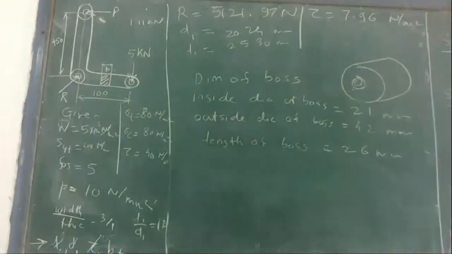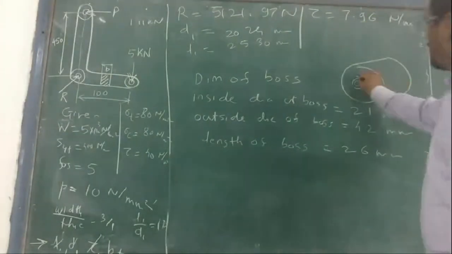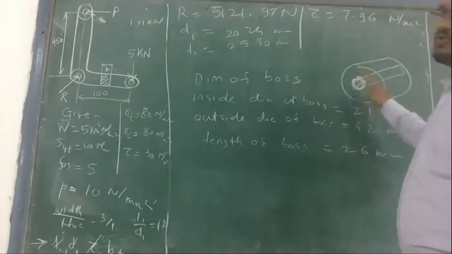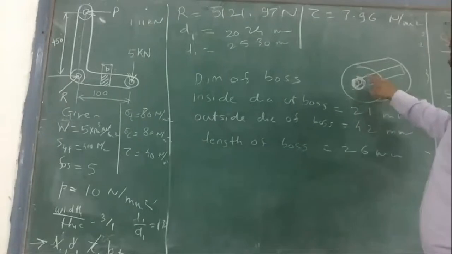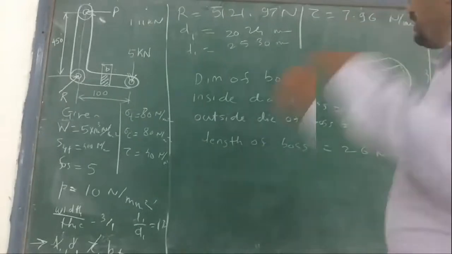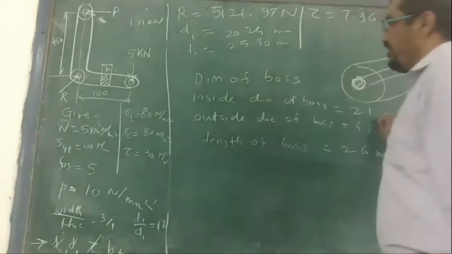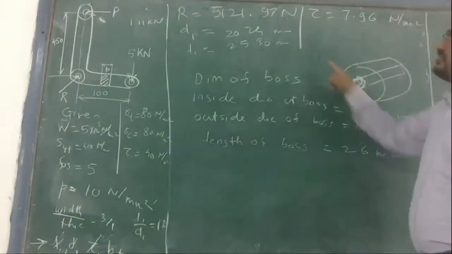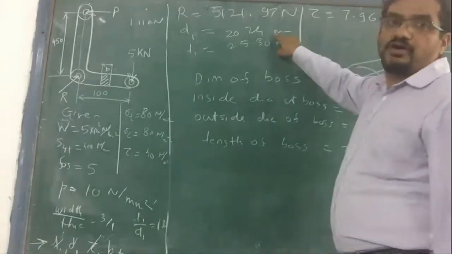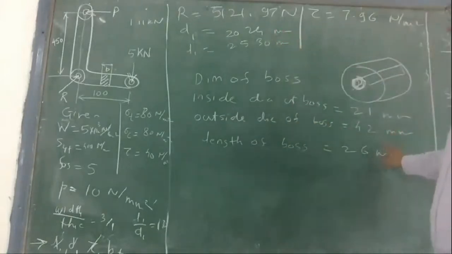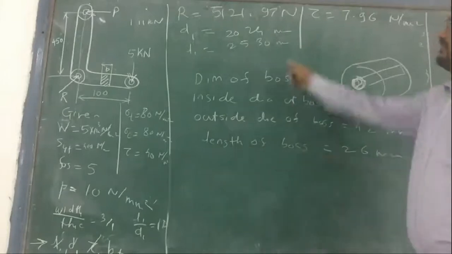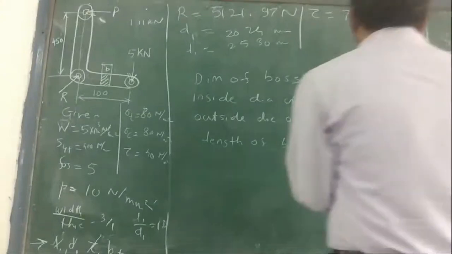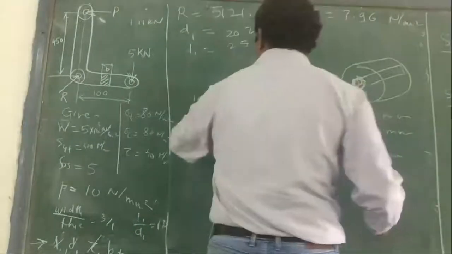The length and inside diameter will be the same as the pin, and only the outside diameter will be double the inside diameter. The boss is a cylinder, with an inside diameter equal to the fulcrum pin diameter, outside diameter twice of it, and length equal to the length of the fulcrum pin. We approximated it and took 26 mm. So we have calculated the dimensions of the boss as well.